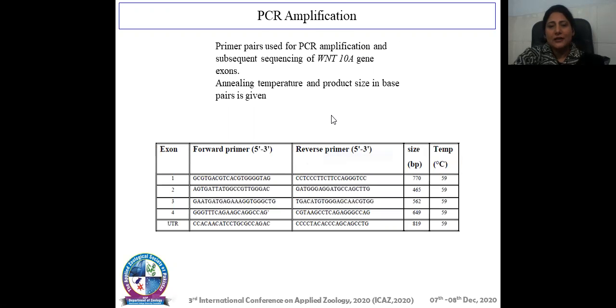When we designed primers for the candidate genes tightly linked with the skin disorder, we found that the region tightly linked with this disease was the gene Wnt10A.